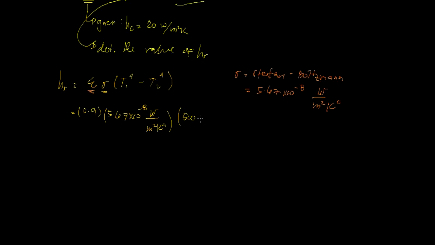So we have 500K raised to 4 minus the T2, of course, which is the room temperature, 300K raised to 4. So all in all, the value of our HR is 13.9. Our unit is watts per square meter K.